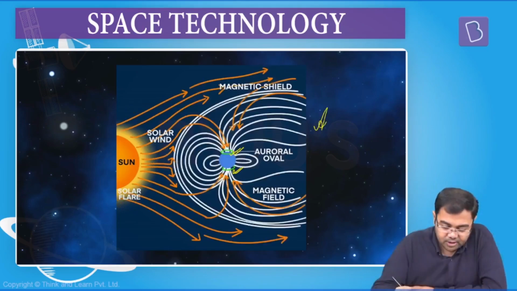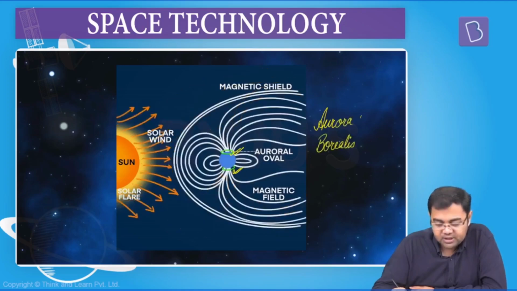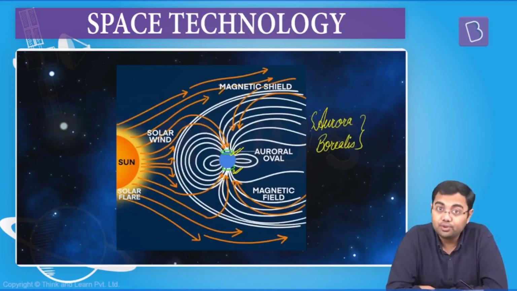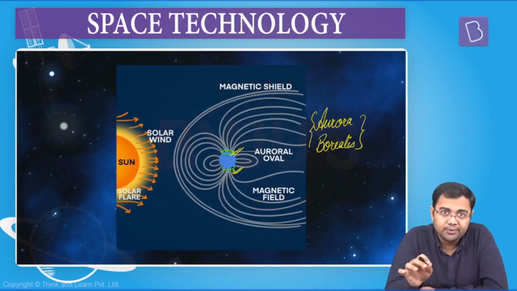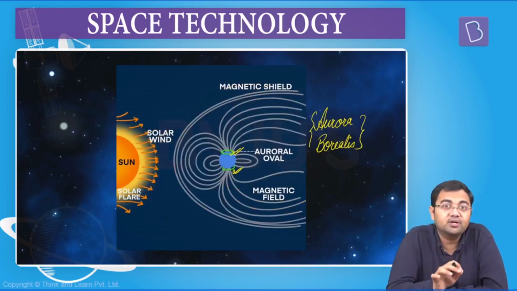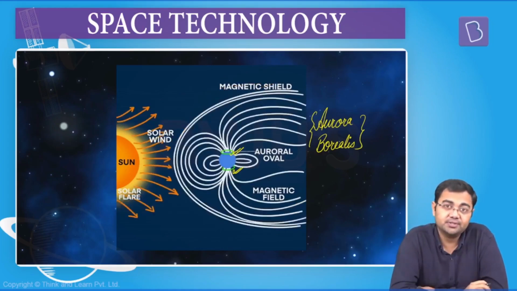Not only this, when we talk about aurora borealis, this phenomenon is also caused because of solar winds. Now understand that solar flares can also cause auroras, and solar flares can also cause disruptions in the communication systems.